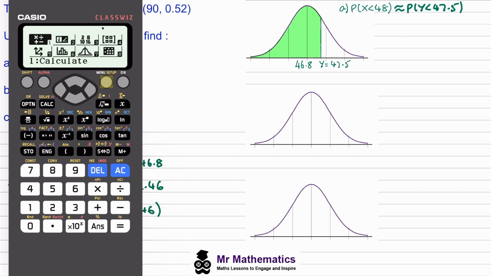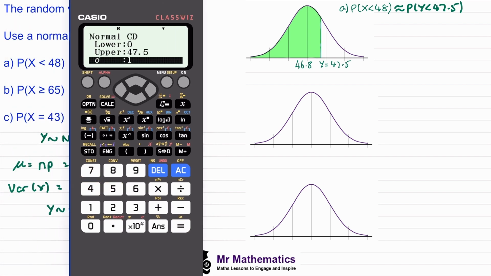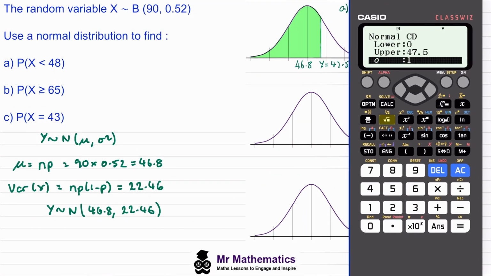If we go to menu, we want option 7 for distribution, option 2 for normal CD. The lower value has to be 3 standard deviations below the mean, or any value less than that, so I'm going to leave mine at 0. The upper value, we know is 47.5. We know the standard deviation is the square root of variance, so the square root of 22.46.